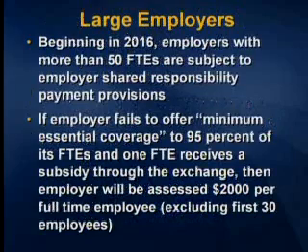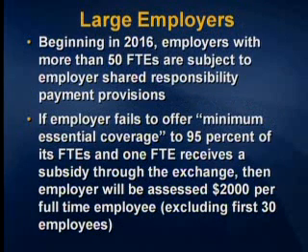Okay, large employers. This is a little switch here. We're off the three-legged stool now. So beginning in 2016, employers with more than 50 full-time equivalents. That means you count part-timers too to get to that 50, but you reduce the part-timers to a percentage.